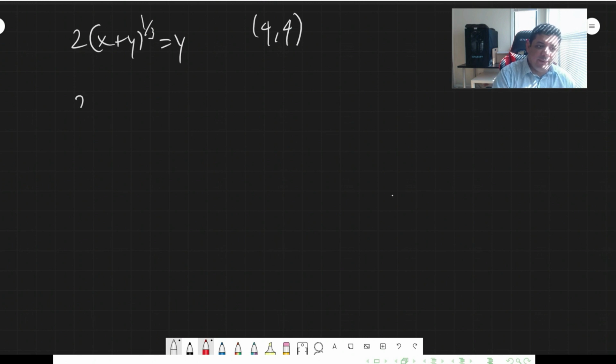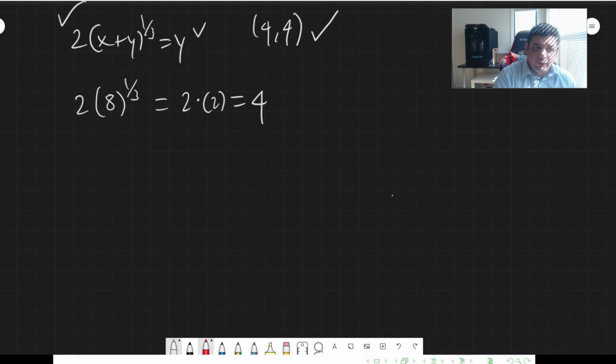Notice that if I plug in 4 and 4, we get 8, right? And 8 to the 1/3 is 2. So this is 2 times 2, which is 4, which is equivalent to y. So at this point, yes, it holds this relationship.